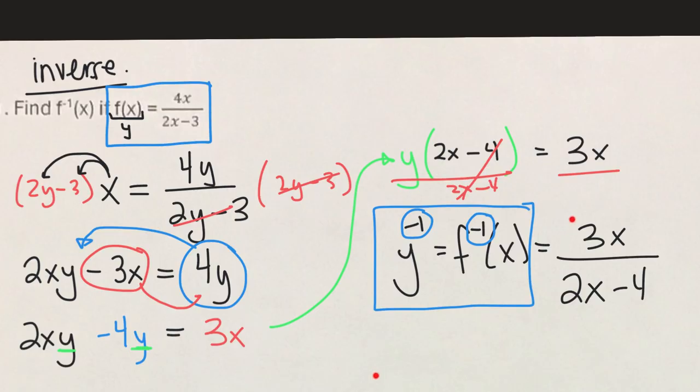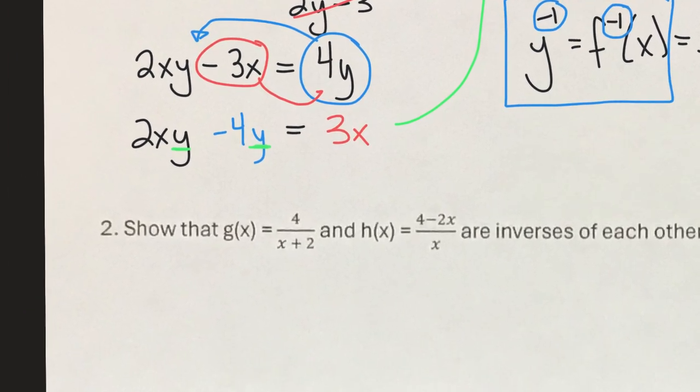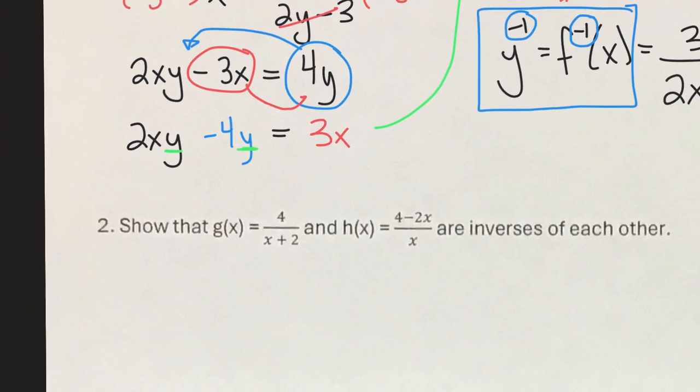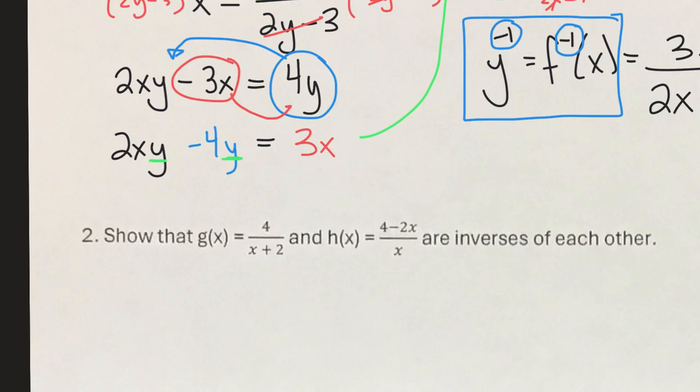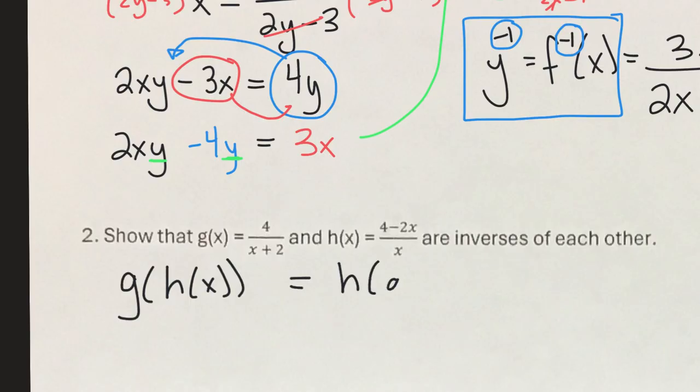Okay, our next parts show that two functions are inverses of each other. Okay, so this is the concept. What we want to do is we want to do a composition. So we're going to compose h with g, and we need to compose g with h. So we have to plug them both into both sides.